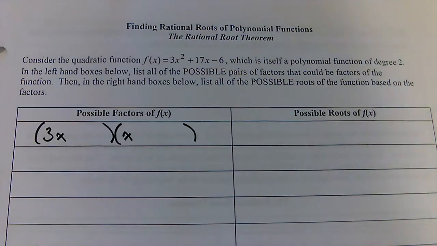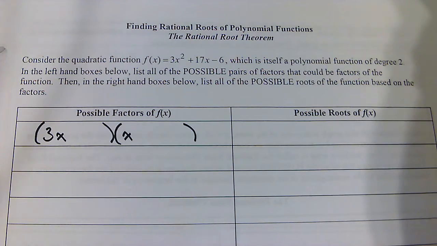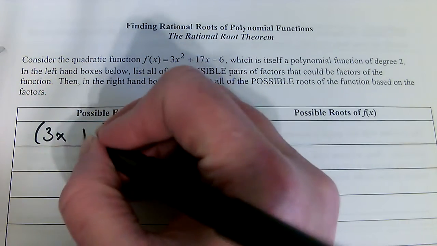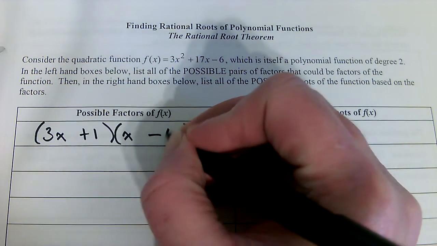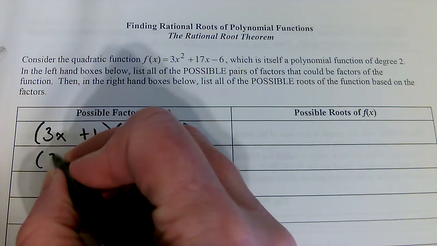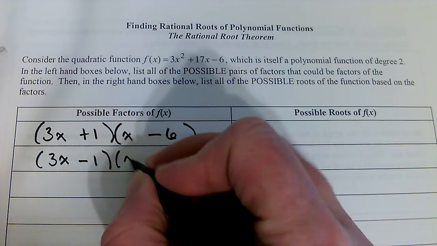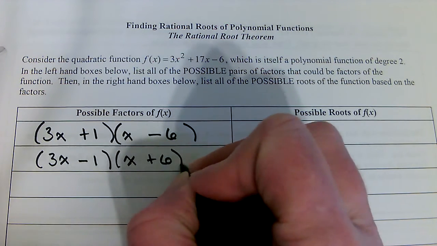And to get to a -6 at the end, I would need, well, let's think of some of the options we would have there. Well, one option would be this is a +1 and this is a -6. Another option could be this would be a -1 and this would be a +6.